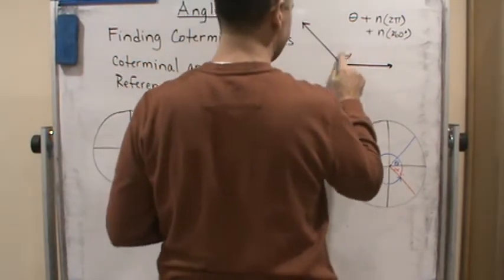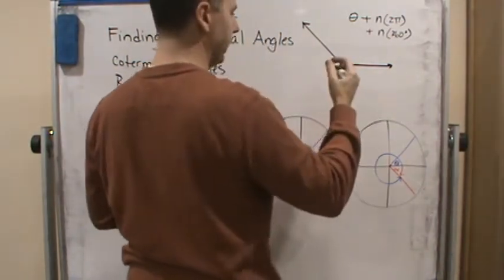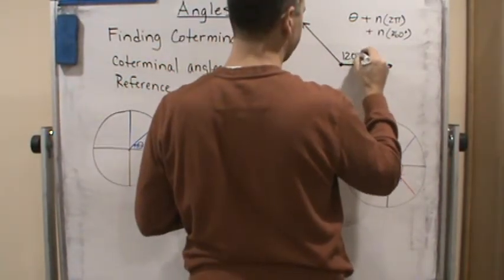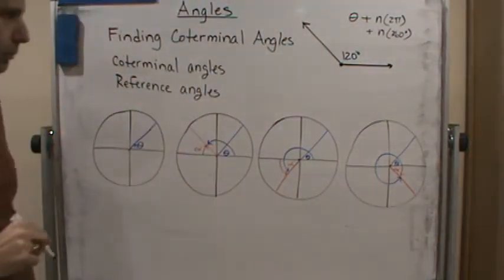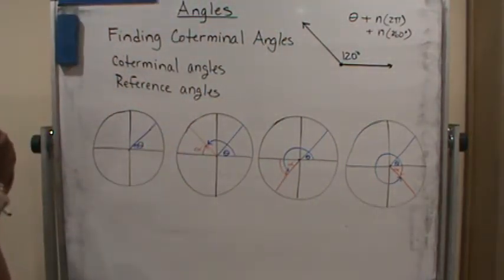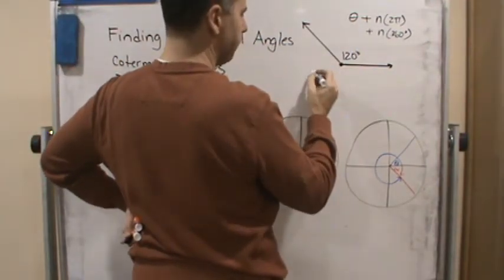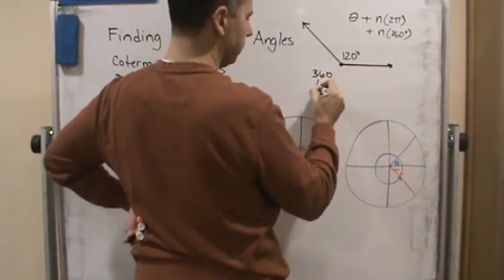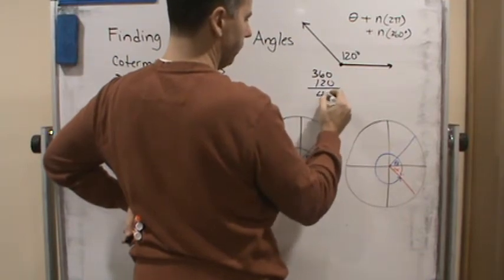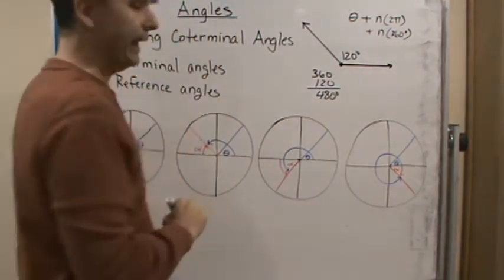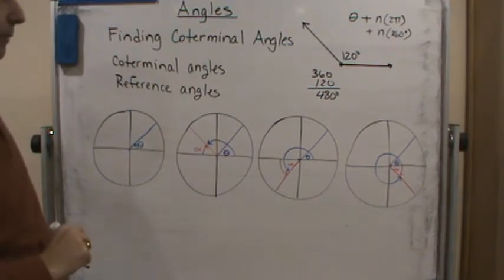So let's say this is 120, okay? So that means if I add 360, then 480 degrees also represents that.